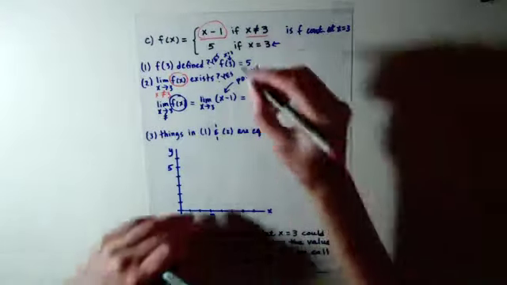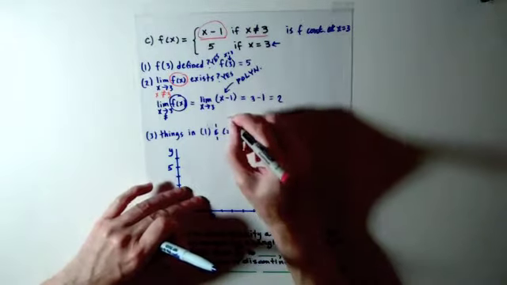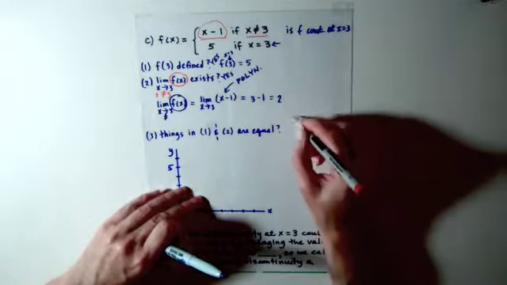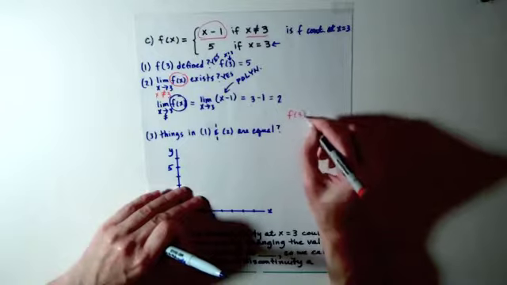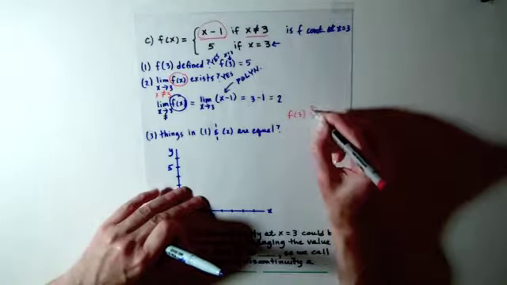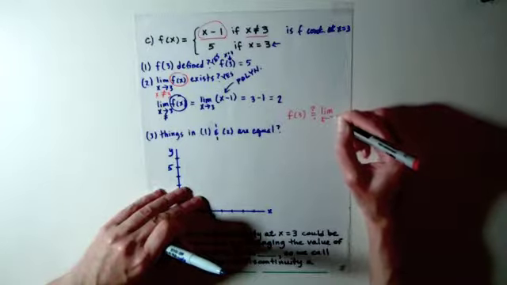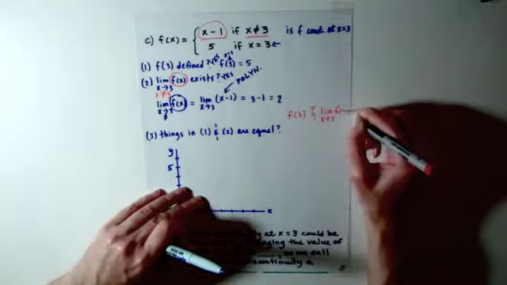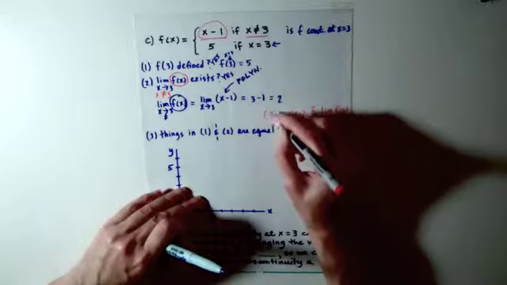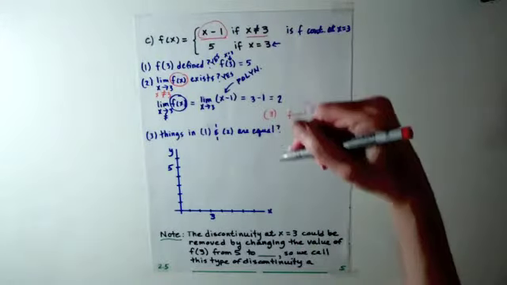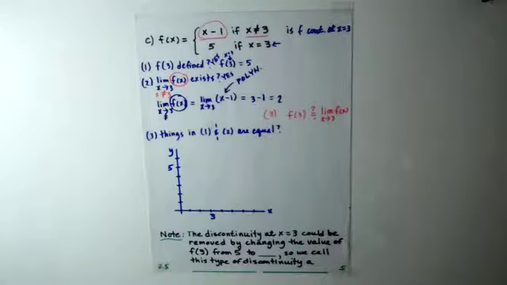Are they equal to each other? Well, we're really asking here, is f of 3 the same thing as the limit as x approaches 3 of f of x? That's really what we're asking in condition 3. Are the things we get in 1 and 2 equal to each other?